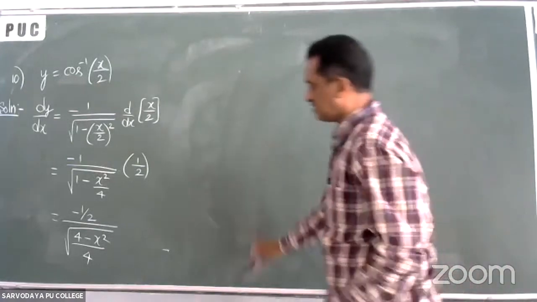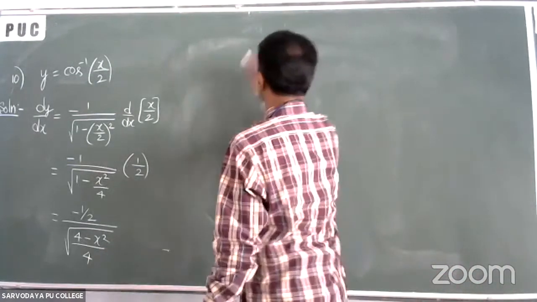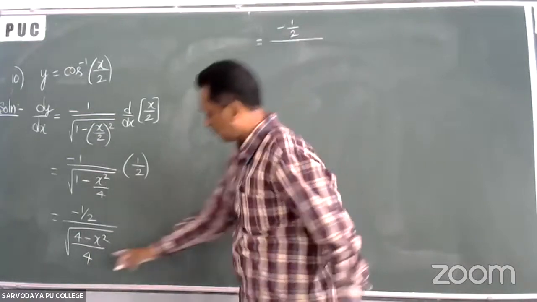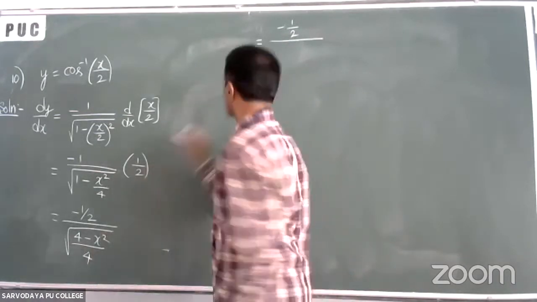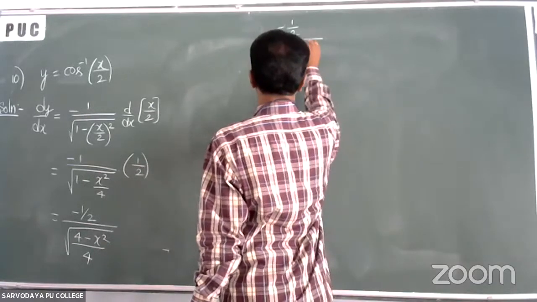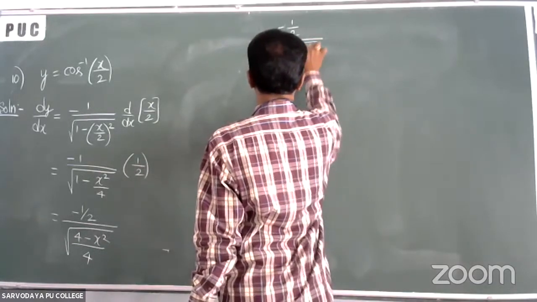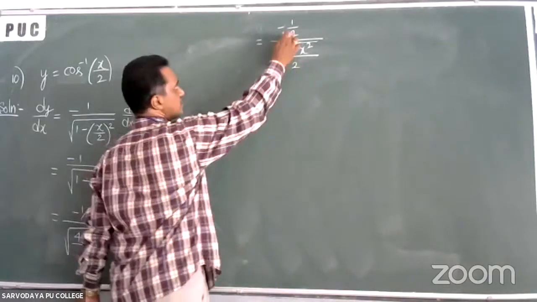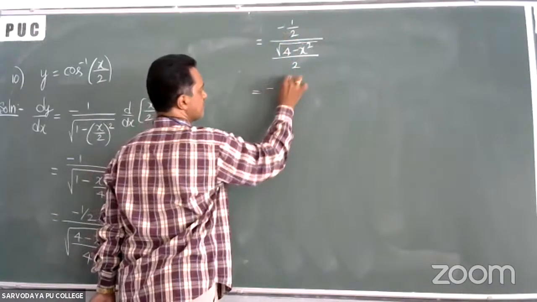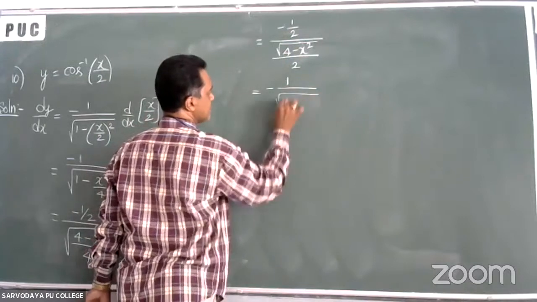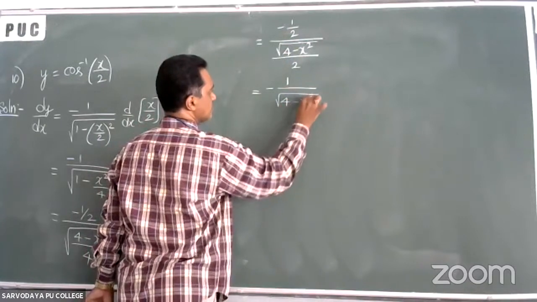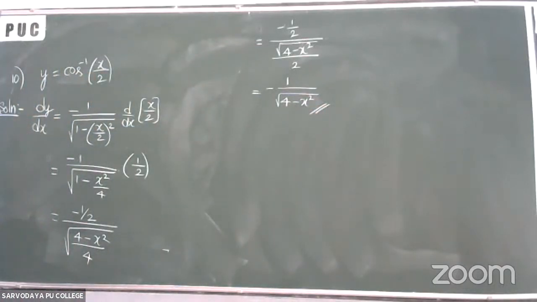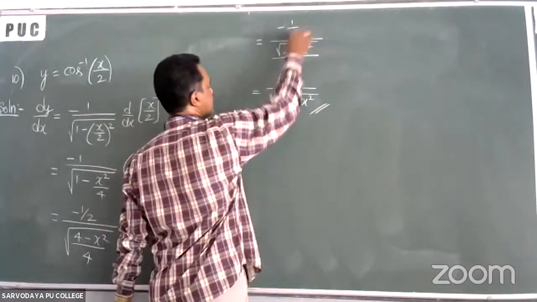I am simplifying here. I write the 4 outside the square root, and it becomes 2. This 2 and 2 can be cancelled. So what is left is minus of 1 divided by root of 4 minus x square. That is the derivative.